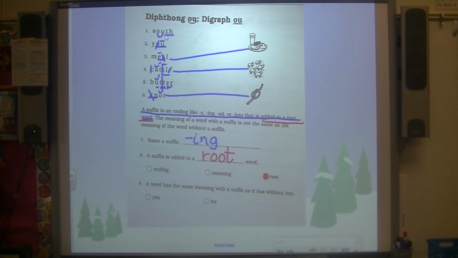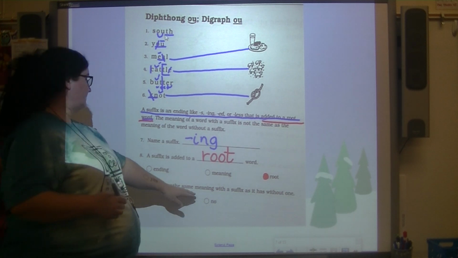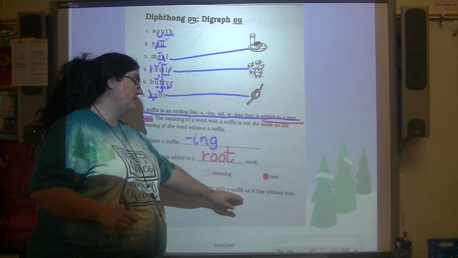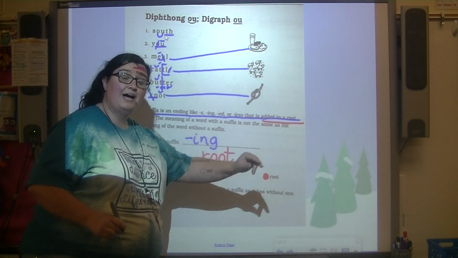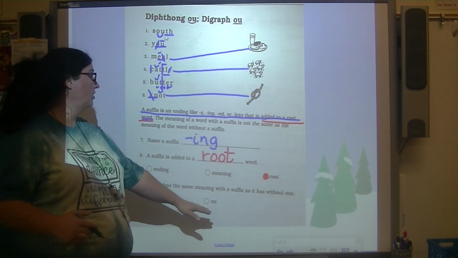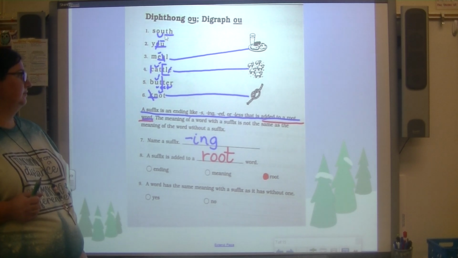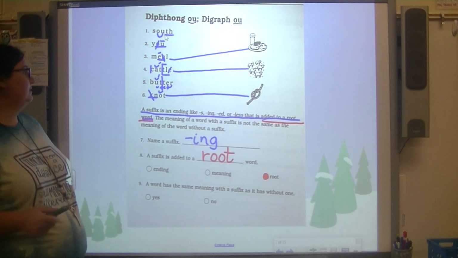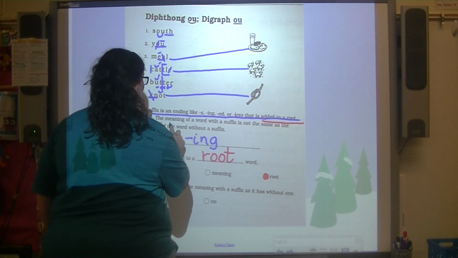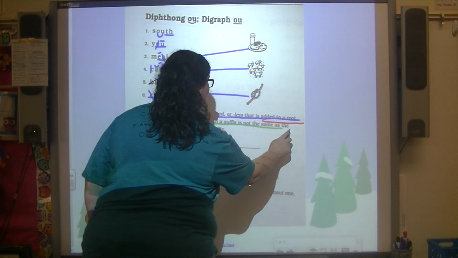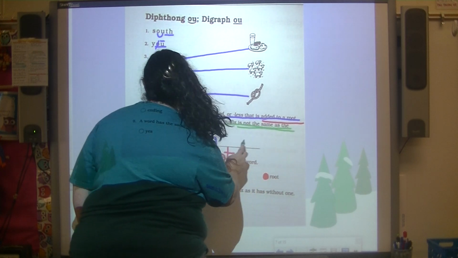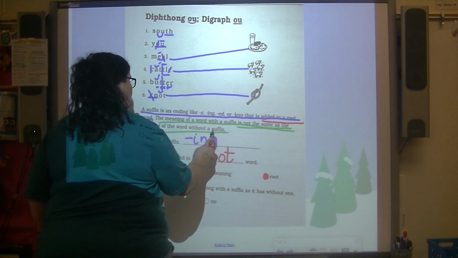Number 9. A word has the same meaning with a suffix as it has without one. Yes or no? It says the meaning of a word with a suffix is not the same as the meaning of the word without it.